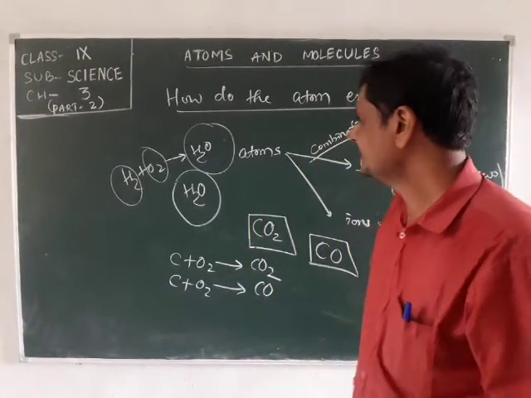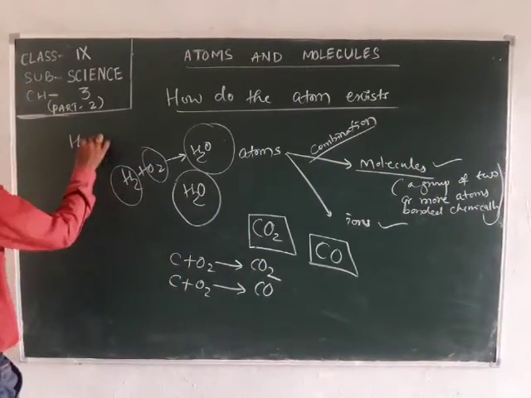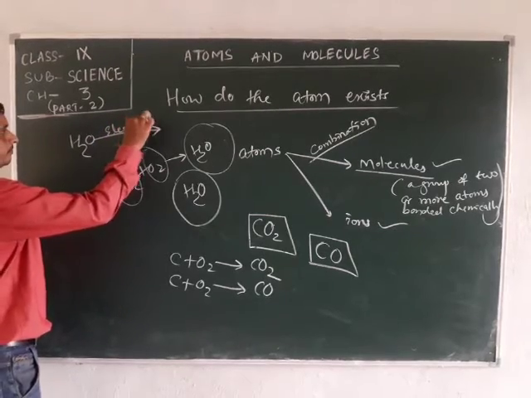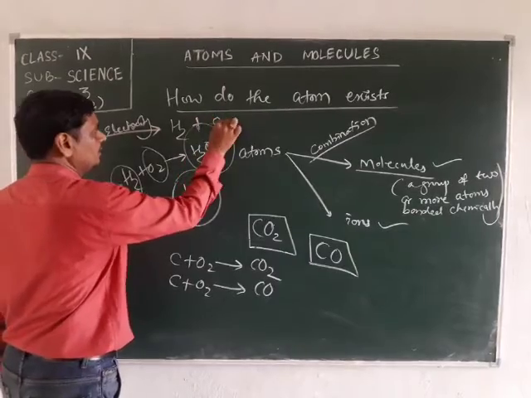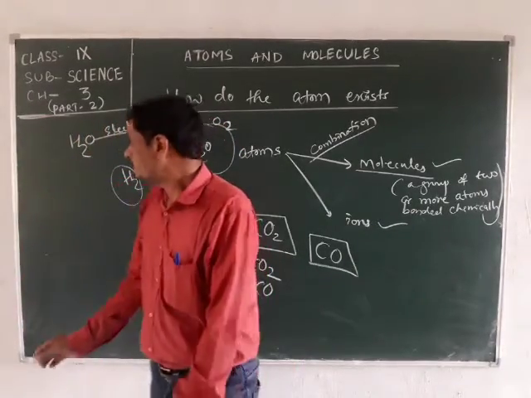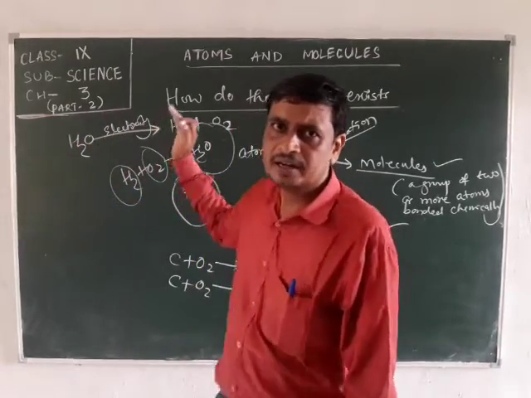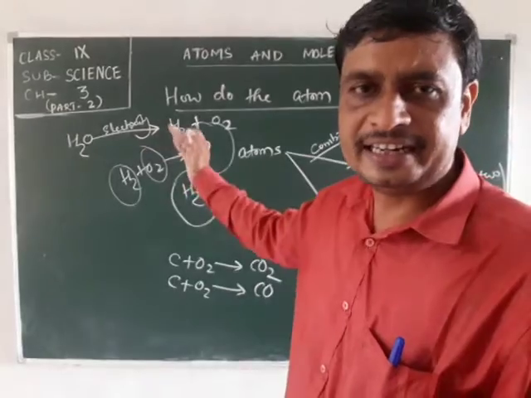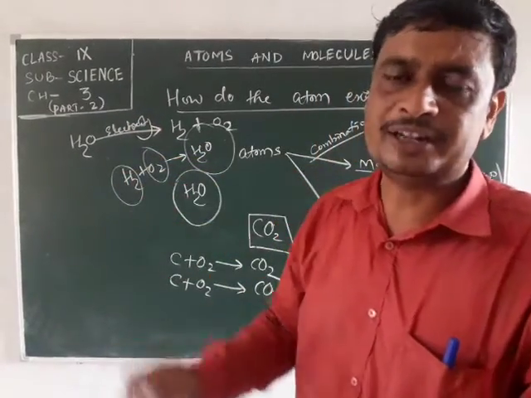But if water is there and we pass electricity, then it will break down into hydrogen and oxygen. Now, when the molecules of water break into atomic form, the properties of water will be lost.